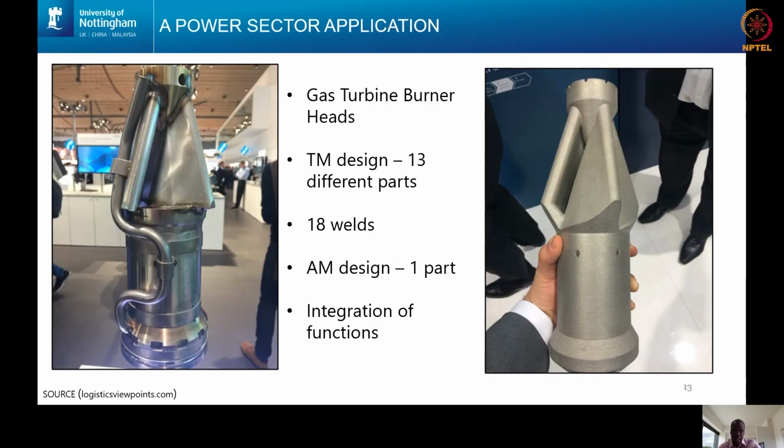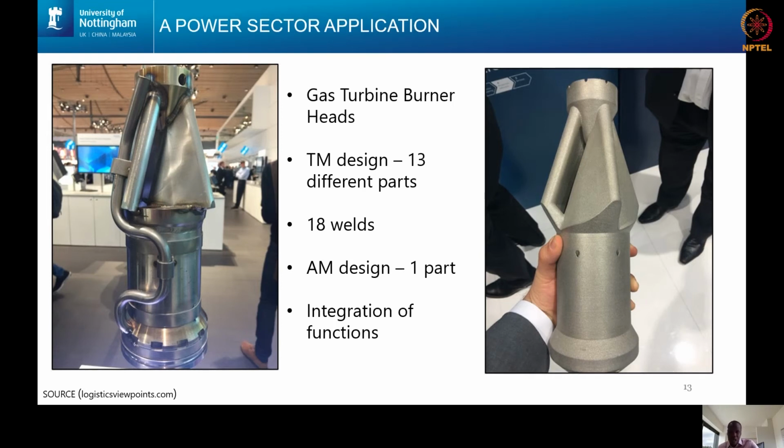And indeed, there are a number of applications to substantiate these arguments. A very good one is the gas turbine burner head made by Siemens. As you can see in the diagram, the original traditional manufacturing design consisted of 13 different parts and 18 welds.